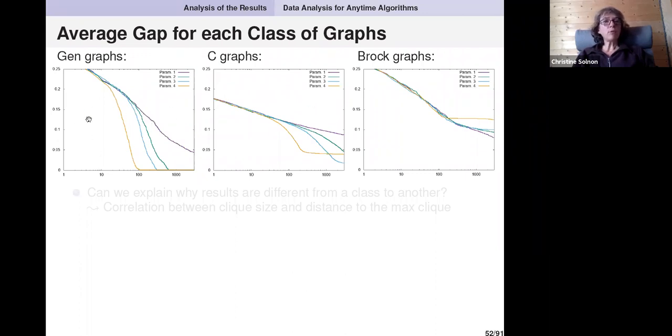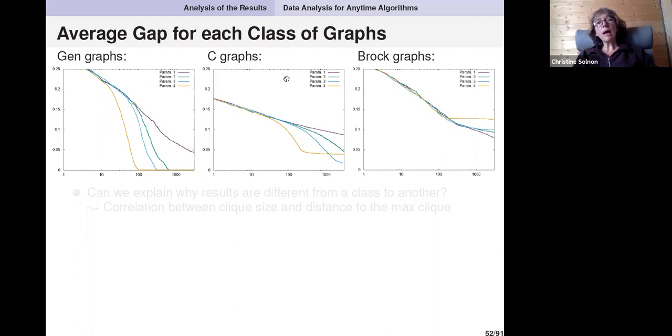For the gen graphs, which are quite easy instances, the best parameter setting is parameter 4, because here I have plotted the average gap. So it means that it finds the best solution in 100 iterations on average for all gen graphs and all runs for each of these graphs.